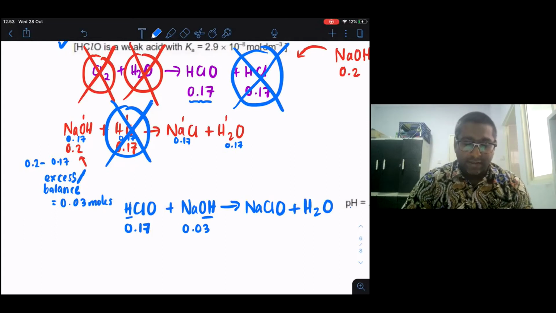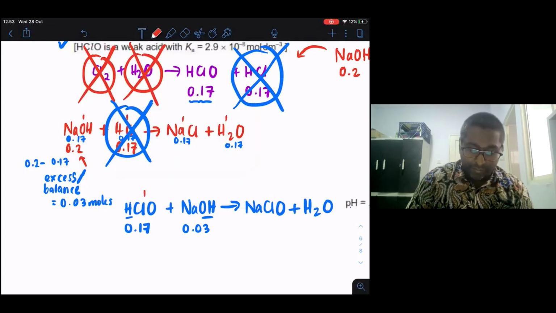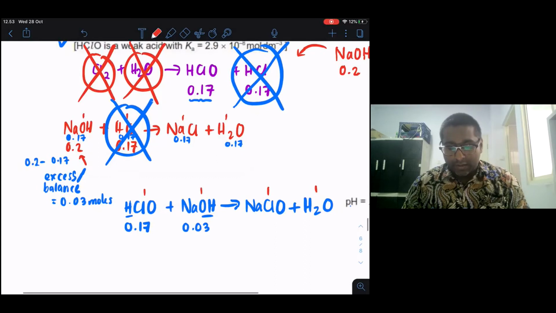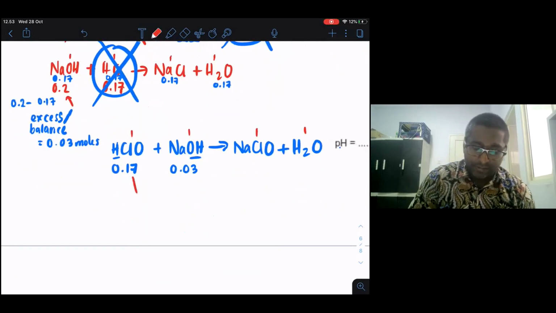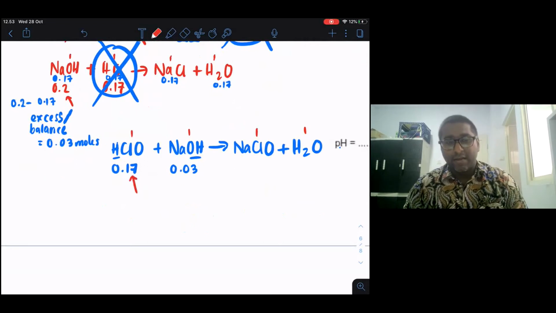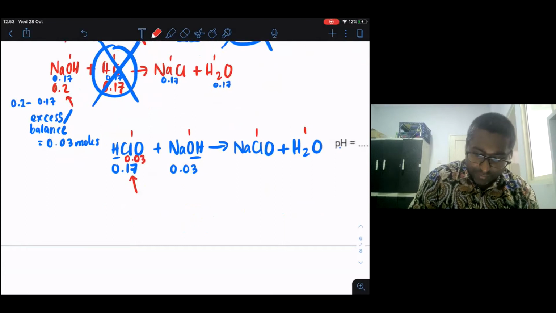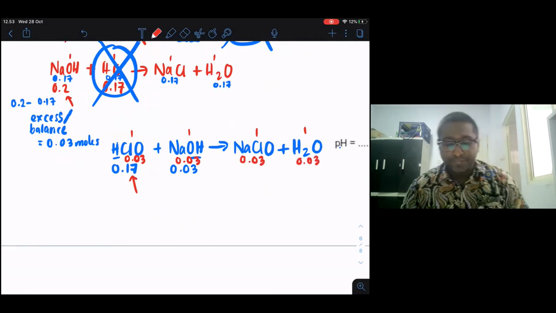Then let's identify which one is in excess and so on. Every 1 mole will react with 1 mole to give you 1 mole and 1 mole. And you can see very clearly that one of them is going to be in excess. So we want 0.03 of this to react with 0.03 to give you 0.03 and 0.03 here.